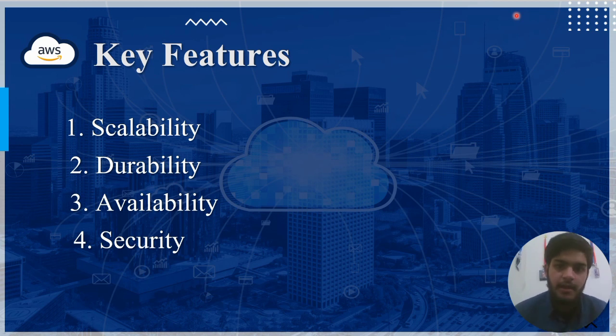Secondly, data is redundantly stored across multiple devices and can be accessed through different electronic devices from different locations, which ensures higher durability and availability. The most interesting and my favorite one is security. Amazon S3 offers multi-layer security, including different types of encryption and access control. These are the key features that make Amazon S3 unique in competition with Microsoft Azure or Google Cloud.